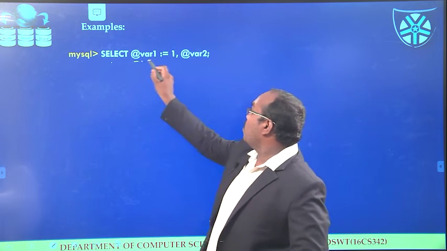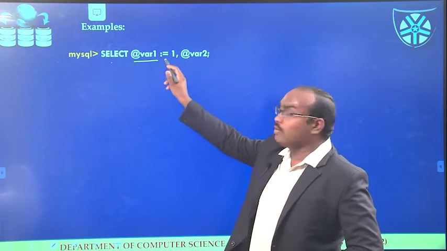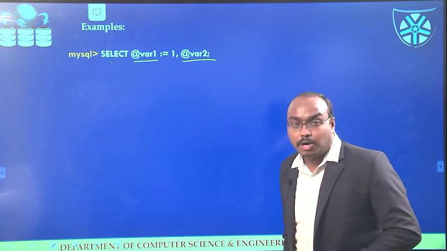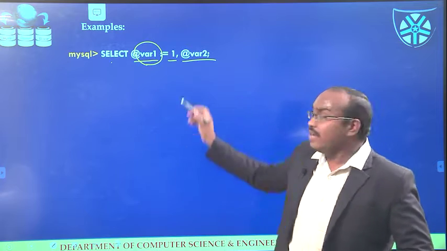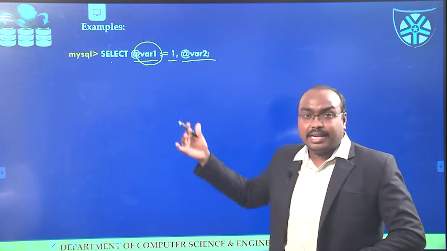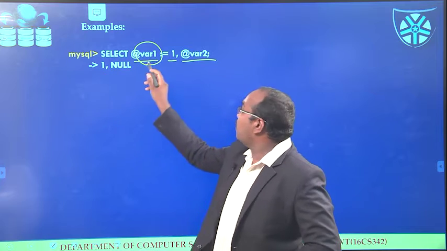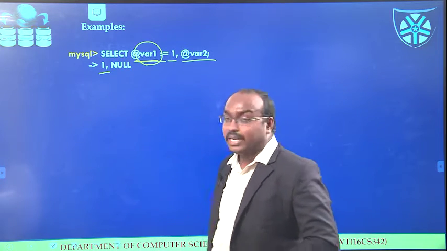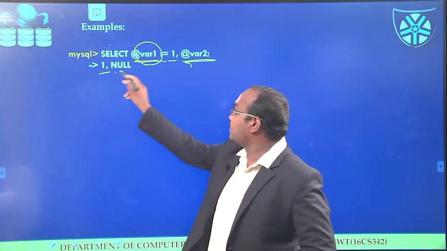Here I am declaring one variable, var1, and assigning the value 1 to it. Next I am declaring another variable, var2. So the first variable value is 1, and the second variable I am declaring as usual. The value of the first variable returns 1, since I assigned the value 1, and the value of the second variable automatically takes the null value.